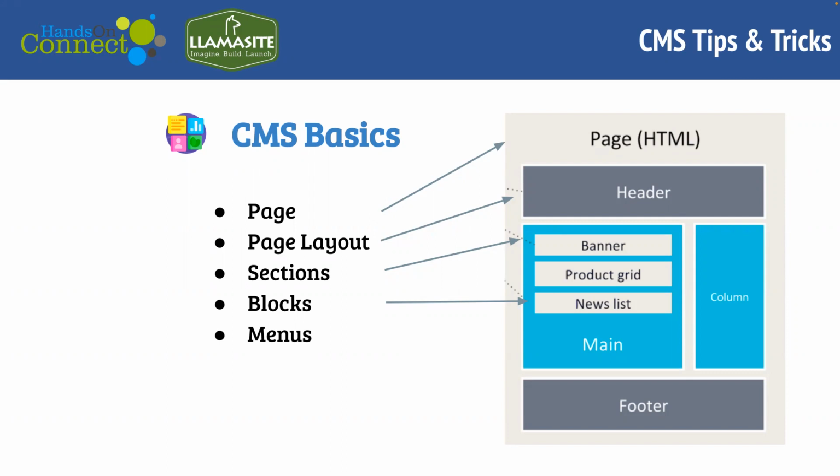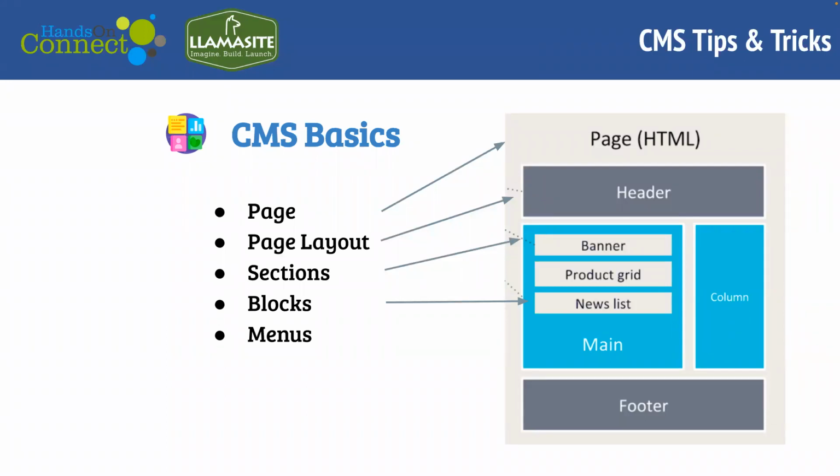So the idea is once you have a section, like in the little drawing here, we have our main section, then you can start putting in your blocks. And your blocks are really what has the content. A block can be something static, like an image block or a content block, or something a little bit more dynamic, like a featured opportunity block, a listing block, a form block, and things like that.